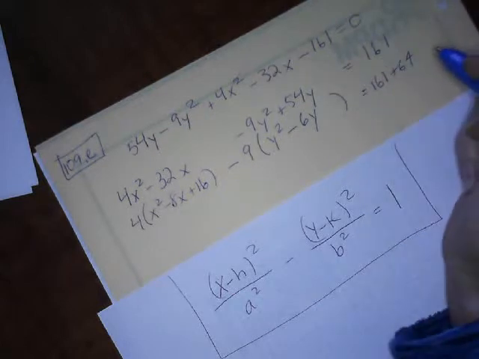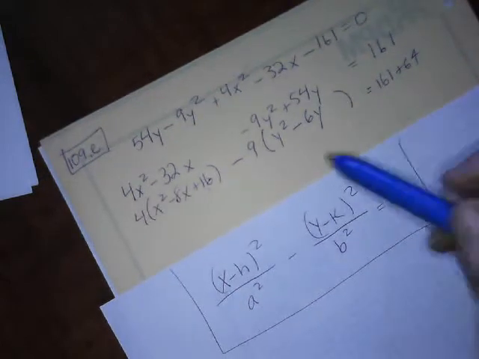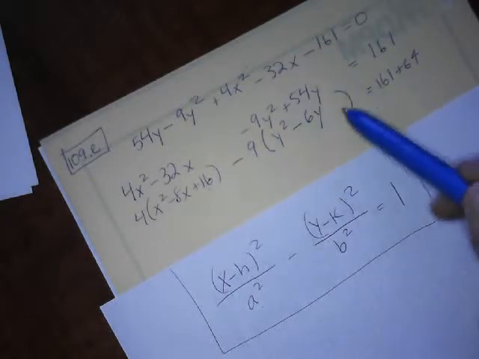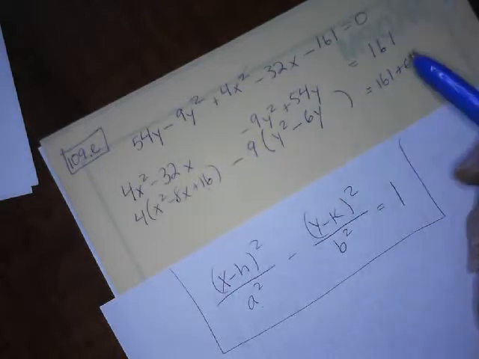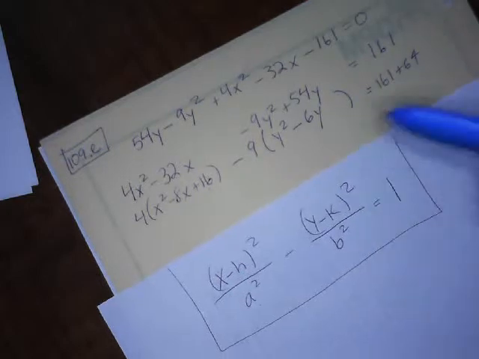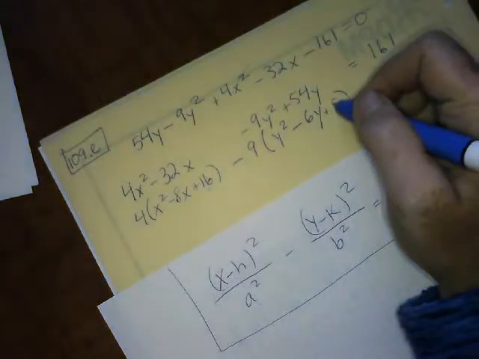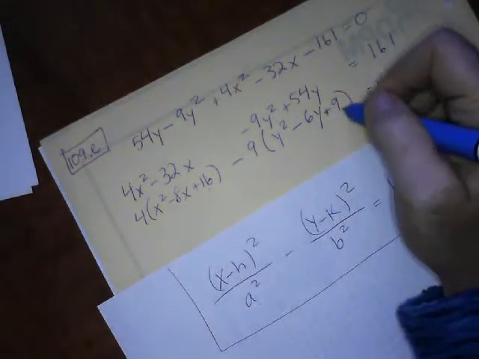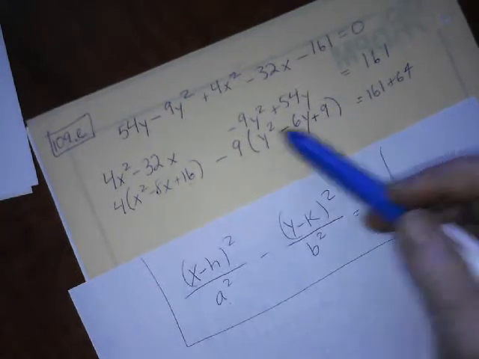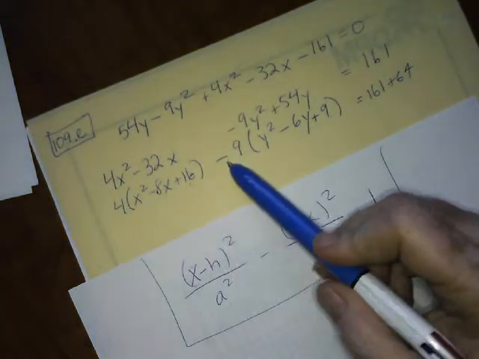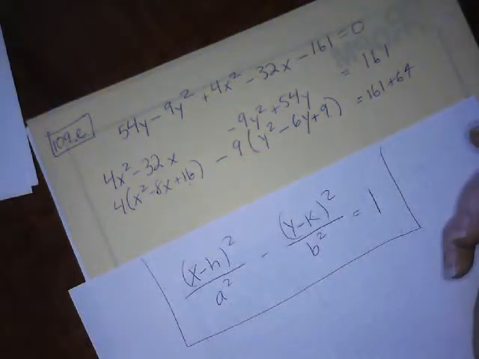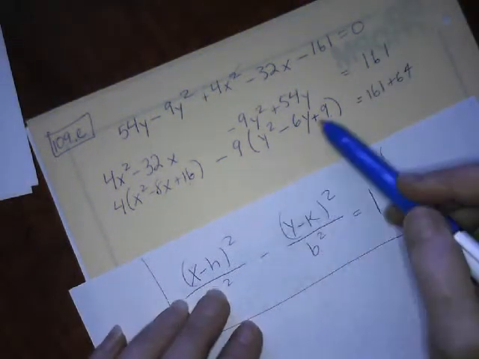And then I want to complete my square. Does that work? Because that times that gets that times that gets that. Half of negative 6 is negative 3, and when I square negative 3, I get 9. That's my complete the square number right there. But what I really have done to this side of the equation is I got negative 9 times 9, a negative 81 that got added over here.